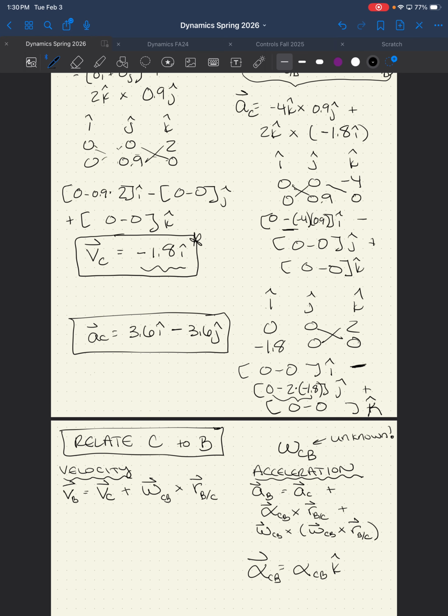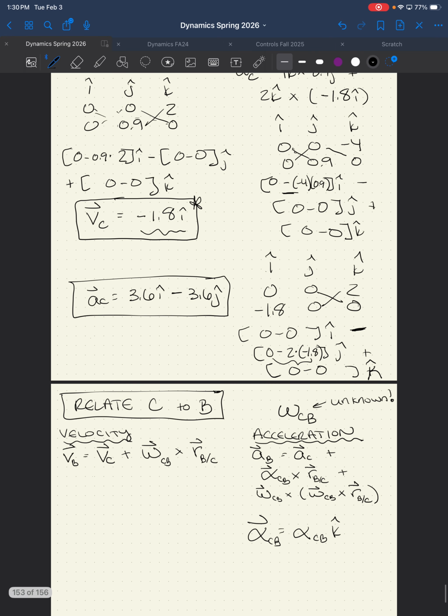All right, so the acceleration of B relates to the acceleration of A, which we have from before: 3.6i minus 3.6j plus alpha. I need to write carefully.